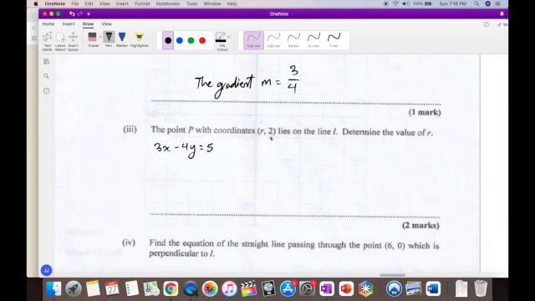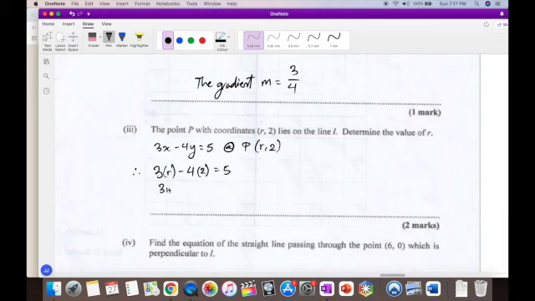And we see here that the point P is r, 2. So we could see here that r is actually the x value and 2 is actually the y value. So we could sub that in: 3, and we'll sub r for the x value, minus 4, we'll sub 2 for the y value, is equal to 5, right?